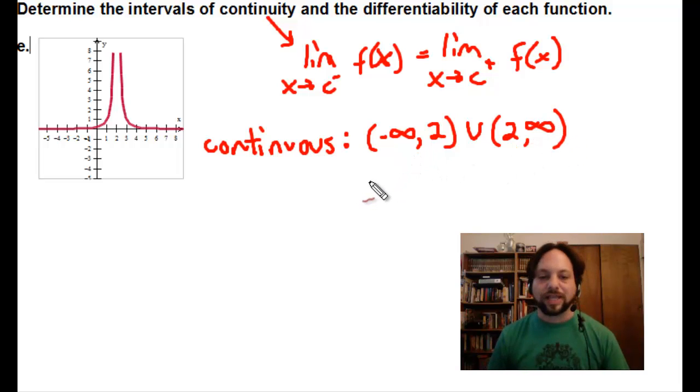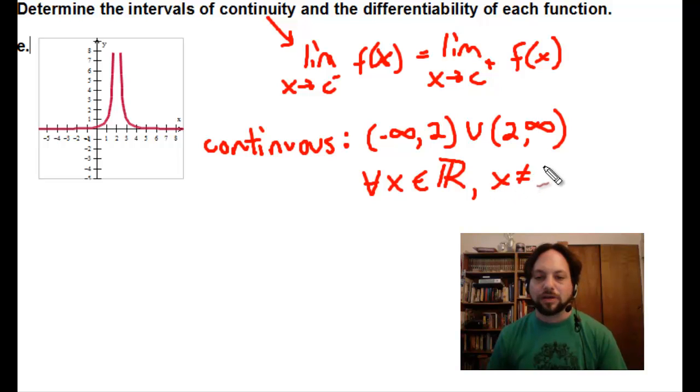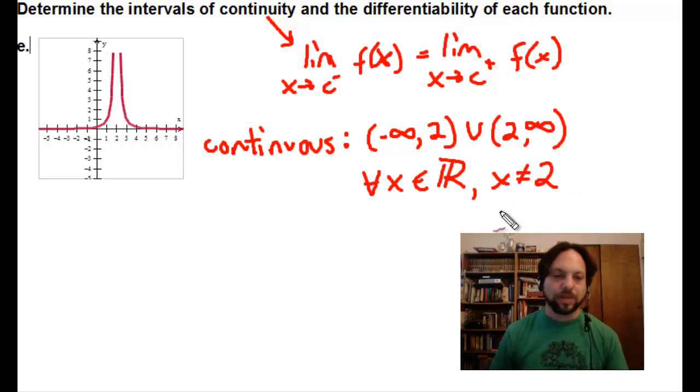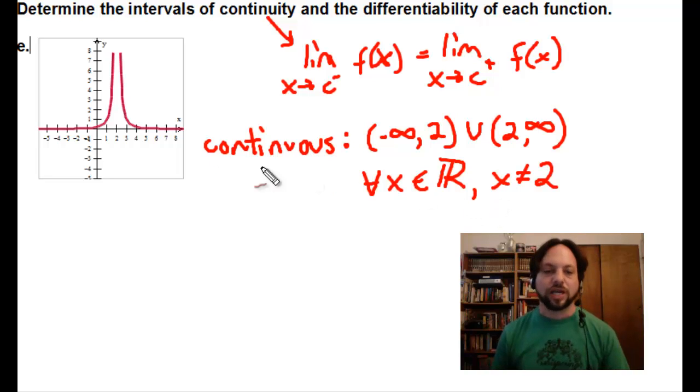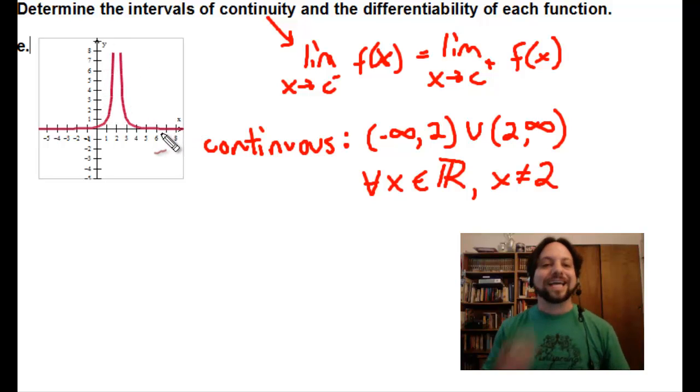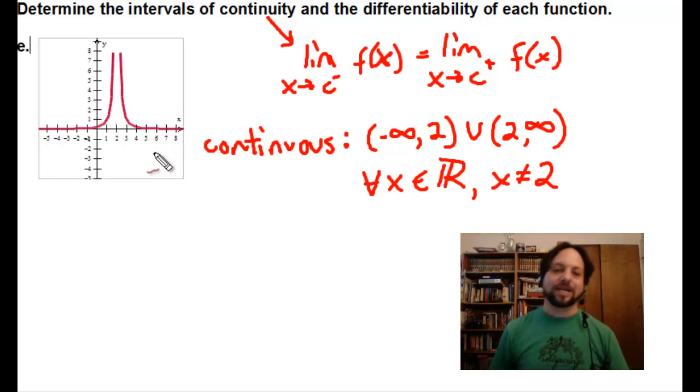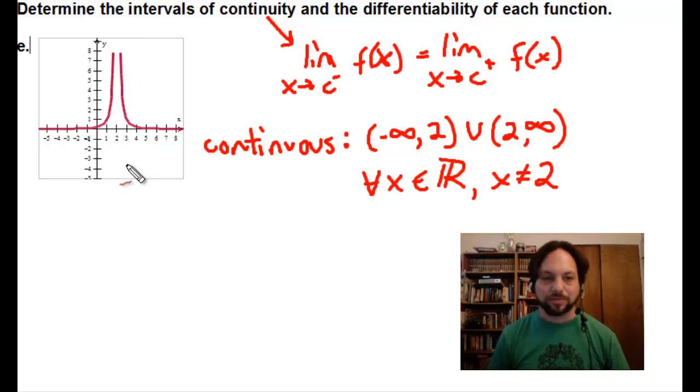We could also write that it's continuous for all x's that are a member of the set of real numbers except for where x equals 2. Anywhere else it's continuous. If you want to use the working definition of continuity, I can draw this graph without lifting my pen or pencil, except where x equals 2. There appears to be an asymptote.